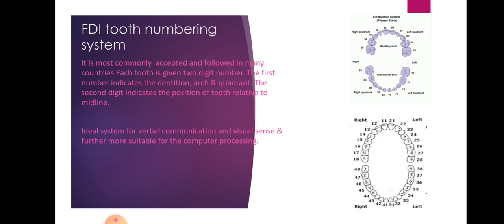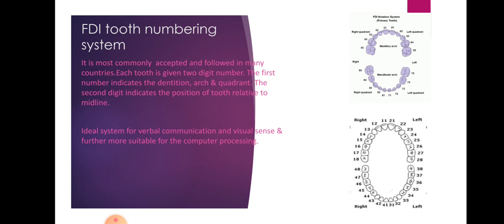And the FDI tooth numbering system is the most commonly accepted and followed in many countries. Each tooth is given a 2-digit number. The first number indicates the arch, dentition and the quadrant. The second digit indicates the position of the tooth relative to the midline. So it is the ideal system for verbal communication, visual sense, and also suitable for computer processing.